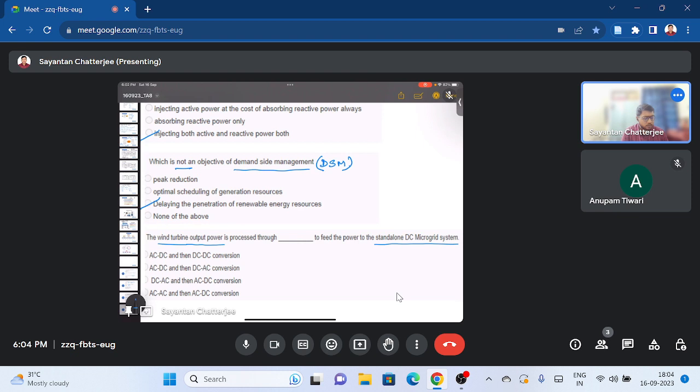This is a wind turbine, and a conversion strategy is required. Wind generation is AC. So from that AC, to make controlled DC to feed the DC microgrid, feeding is done to the DC microgrid, so the consumer end is DC.